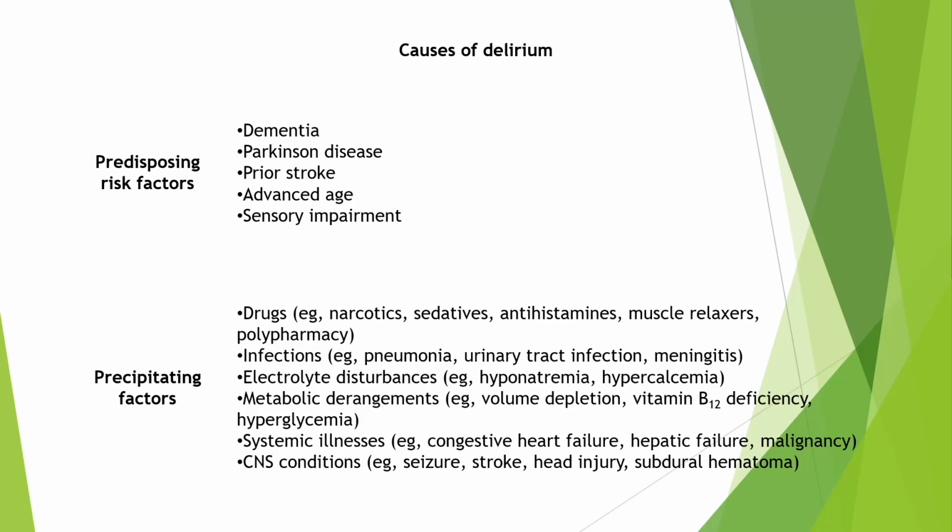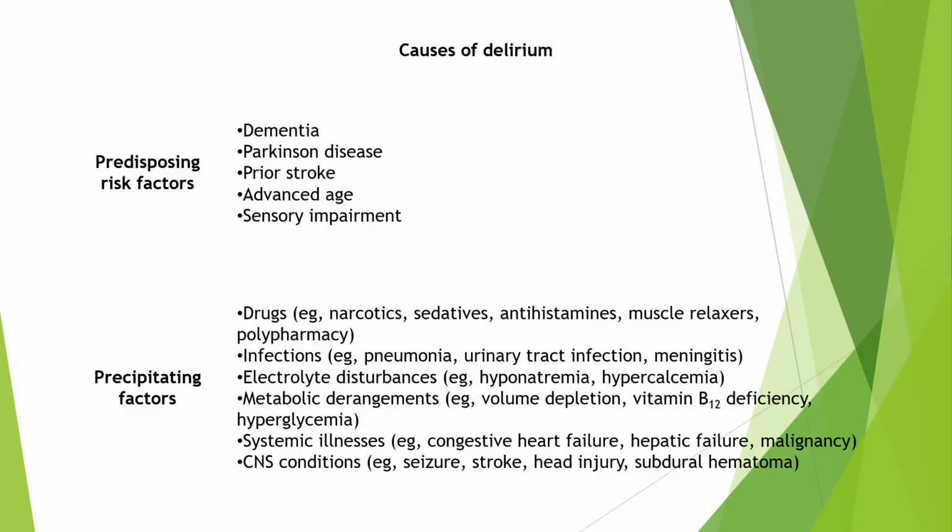What are other predisposing factors? There may be drugs like narcotics, sedatives, antihistamines, muscle relaxants, or polypharmacy. If there is any infection like pneumonia, UTI, meningitis. If there is any metabolic problem like volume depletion, vitamin D deficiency and hyperglycemia.